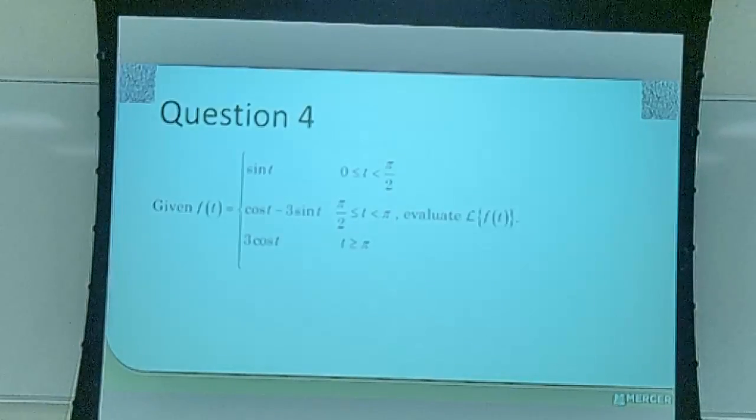Throw some trig in there. Start off the same way, right? Sine of t plus. Take that second function and subtract from it the first function.